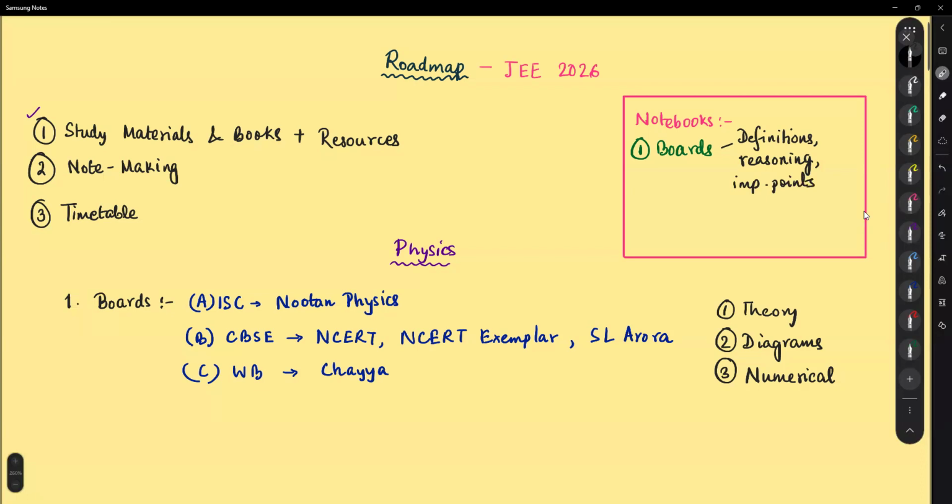Second thing that you will do is draw all the important diagrams and do all the numericals. The numericals will be from Newton Physics if you belong to the ISC board. You will do the numericals from NCERT Exemplar and S L Arora if you are from the CBSE board, and from the Chhaya publication book if you are in the West Bengal board. Okay. What comes next?